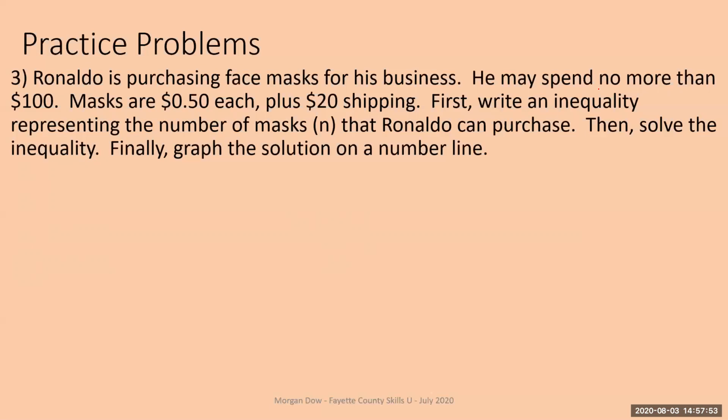Finally, graph the solution on a number line. So this is a multi-stage problem here. We have 3 tasks. The first task is to write an inequality. The second task is to solve the inequality. And the third task is to graph the solution on a number line. So we're going to take this one step at a time.